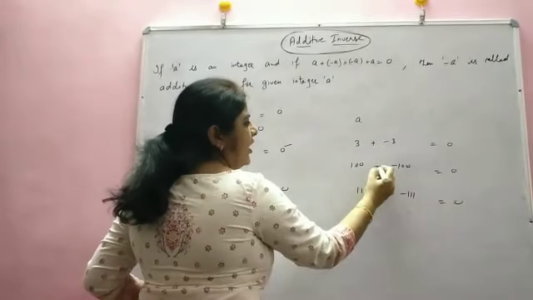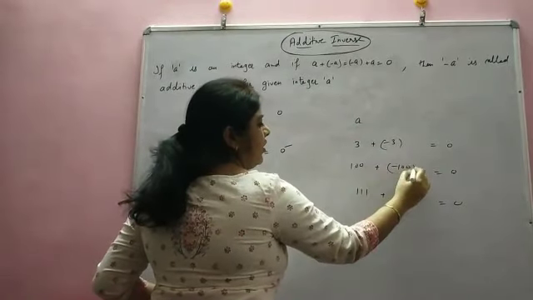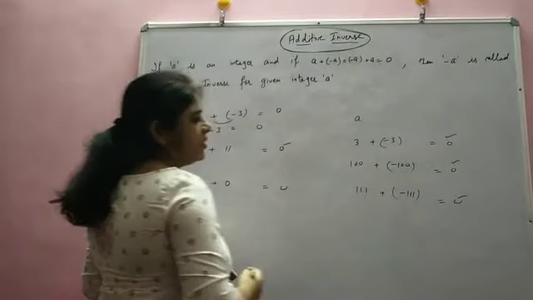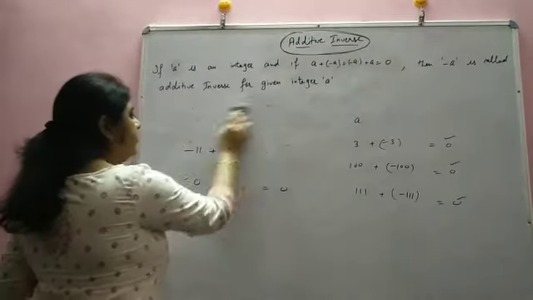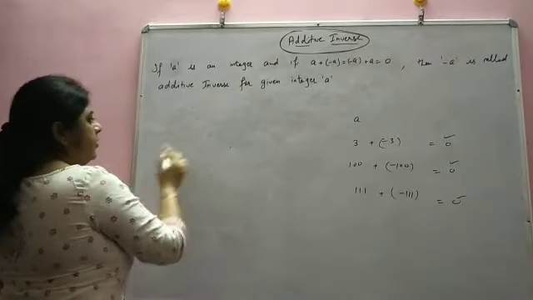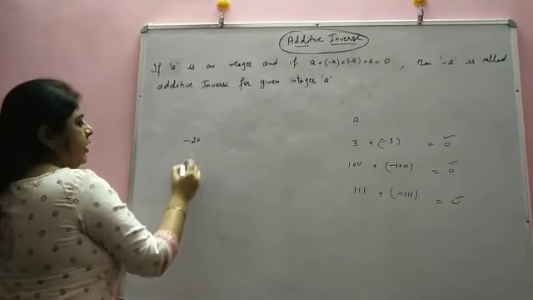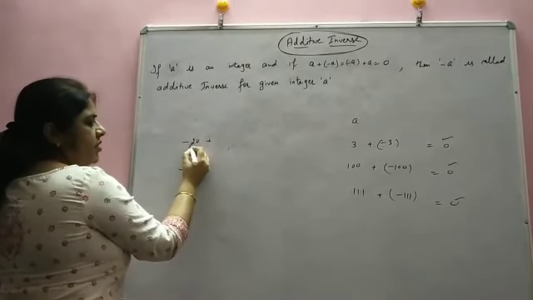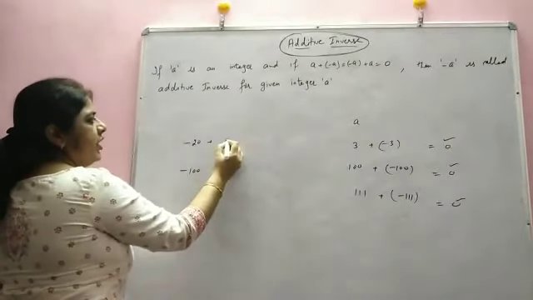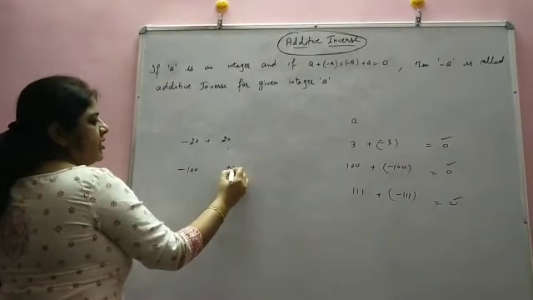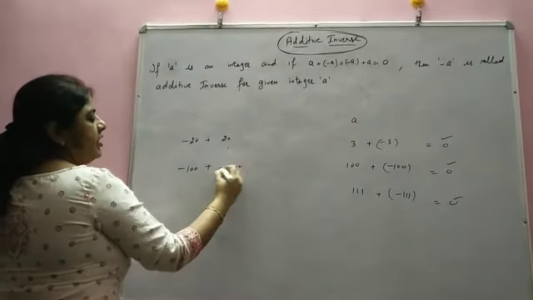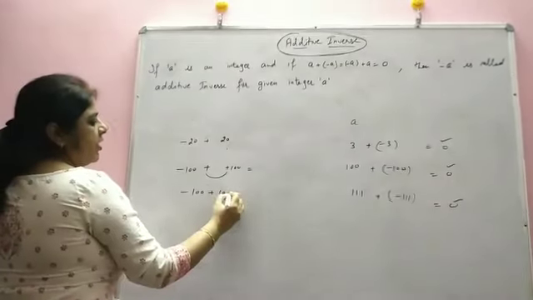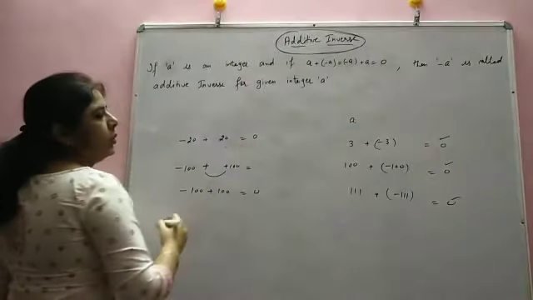If we add these numbers to the given integer, the answer will become 0 in each case. If we have a negative integer, minus 20, minus 100, what should be added to this? Take the reverse sign of this: for minus 20, take plus 20; take plus 100. If we add these, we get 0 in each case.